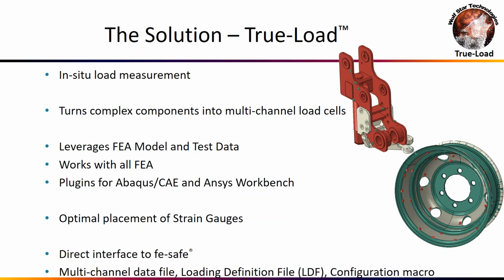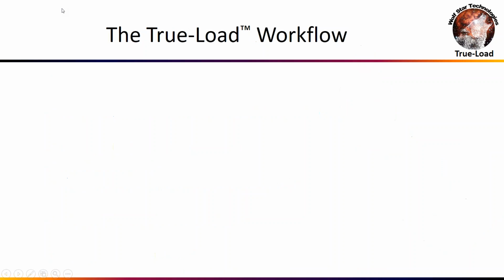And you can go off and do fatigue calculations. You can use the loads that you measure to do normal part design and development to understand stiffness and deflection and response. So this is the tool for going in and understanding the loading in your products.